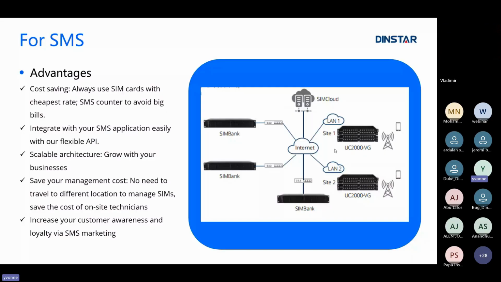The SIM bank provides centralized SIM card management and is capable of bulk storage and management of large quantities of SIM cards. It handles SIM card resource allocation, status monitoring, and related functions.